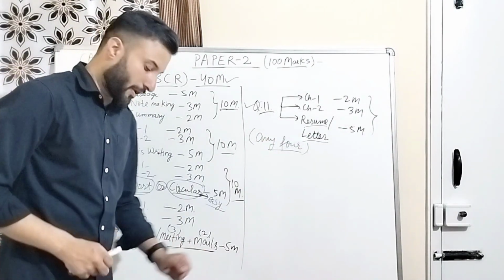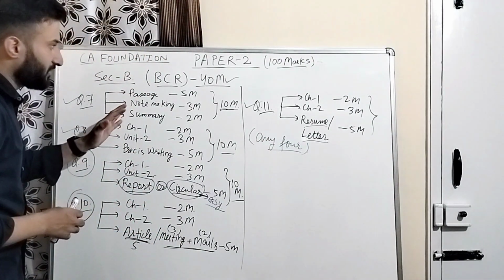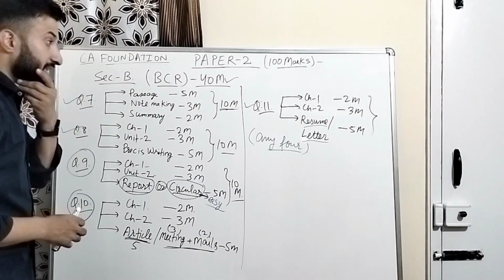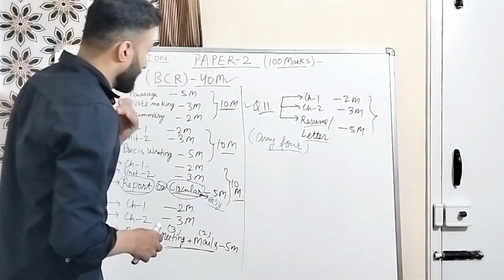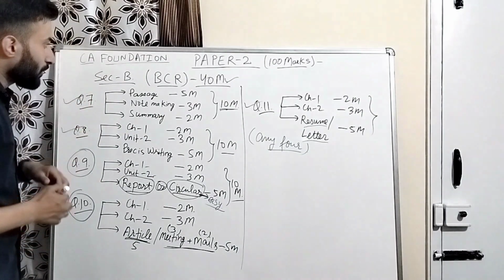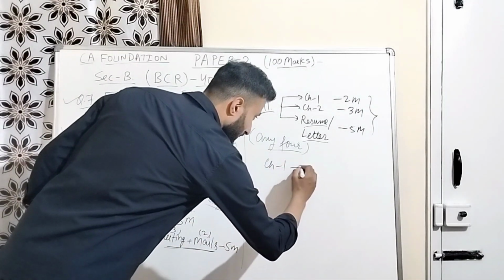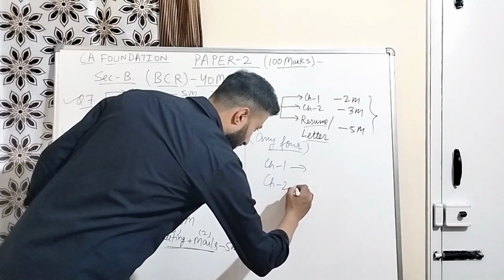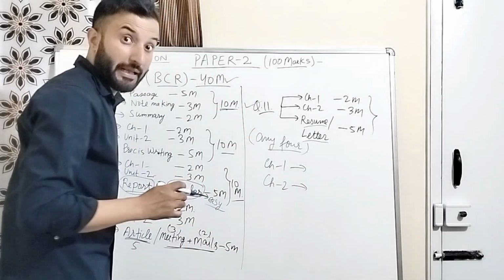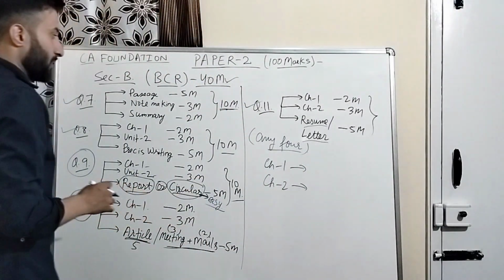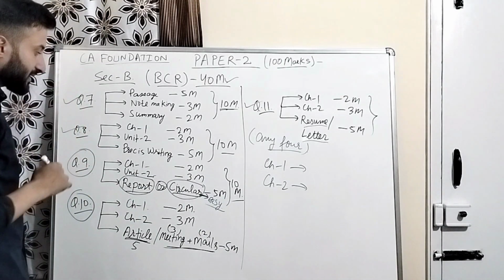Okay. Now in the BCR, there are almost 10 chapters. If I talk about the BCR, chapter number 1 and chapter number 2 are a bit lengthy chapters. From chapter number 1 and chapter number 2 alone, they will ask almost 10 marks each.